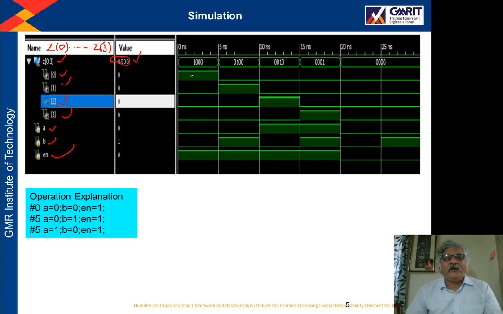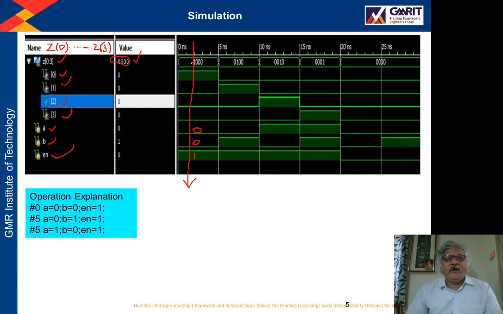So here you can find various signals are there. Let us see at this time, what are the various values? At this time, the value of enable is 1, value of B is 0, value of A is 0.